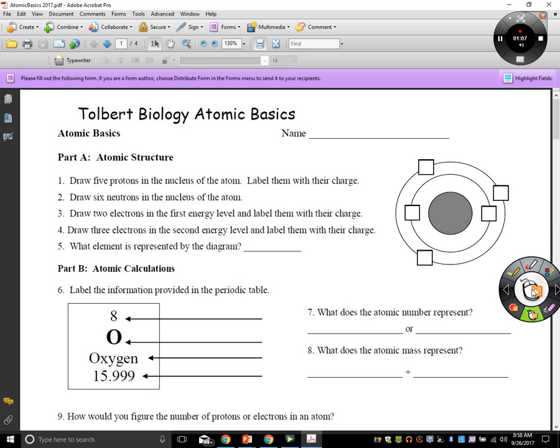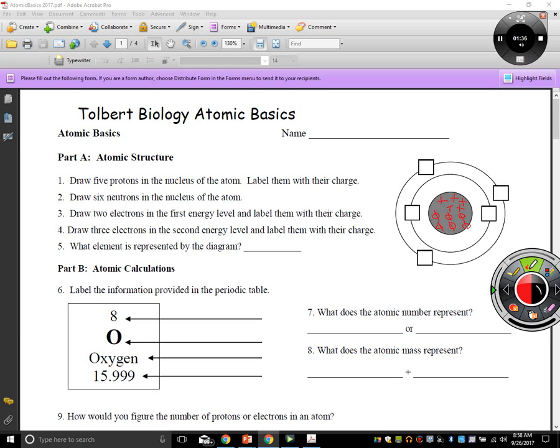The first instructions ask you to draw 5 protons and label them with their charge, 6 neutrons. So I'm just going to label charge here. So 5 pluses, 1, 2, 3, 4, 5. And zeros are going to be my neutrons. So do that now.